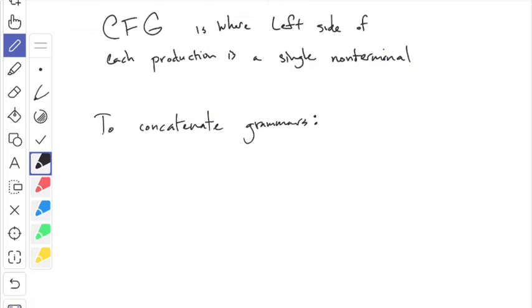How do I put them together? You make it like this: S goes to S1 S2, and then S1 goes to whatever the grammar is for that part, and S2 goes to whatever the grammar is for that part. The idea is if you already have two grammars for two things, this is one way that you can combine those two grammars together to get the concatenation of the two languages.